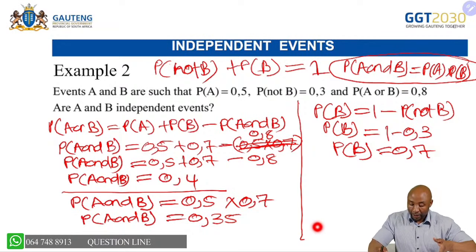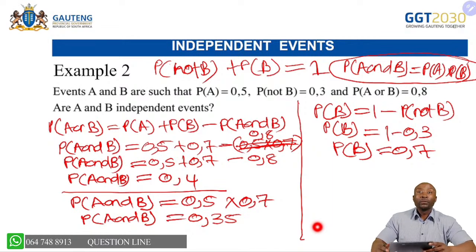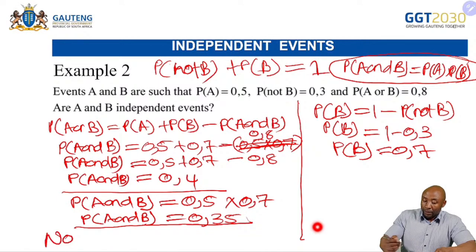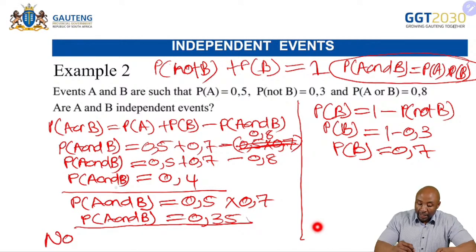So the question is, are A and B independent? What will we say? The answer will be no, because the answer that we get when we are using the product rule is not the same as the answer that we get when using the probability identity.